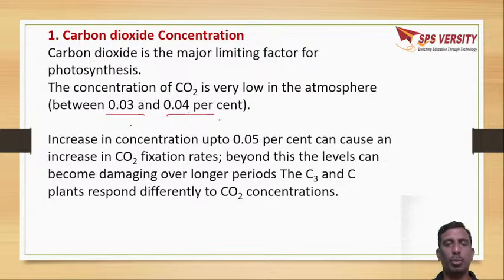Up to 0.05%, it can increase the rate of photosynthesis. If it is more than 0.05, it may lead to damage. C3 plants and C4 plants respond differently to CO2 concentration.